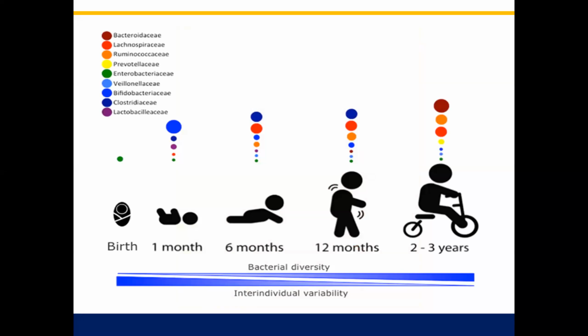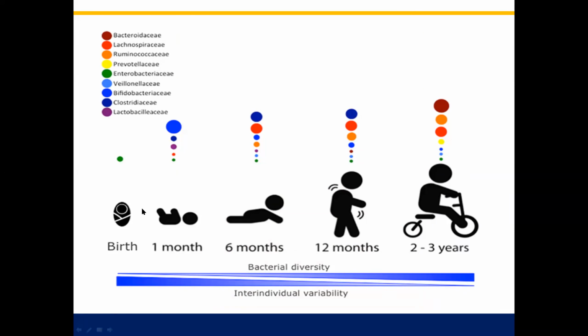If you look at this, the dynamics of the microbiome keep changing as the human grows, and when we shift to other locations, the microbes surrounding us change. It depends upon the environment and the food habits which we have. This is an example which shows that at birth we have only one family, Enterobacteriaceae.